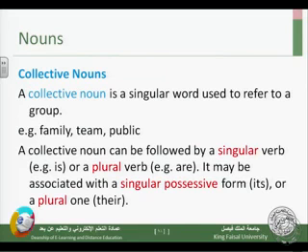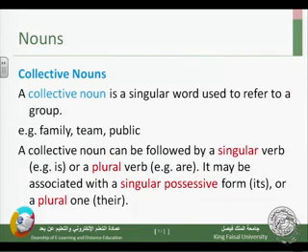Collective nouns. So a collective noun is a singular word used to refer to a group. So a noun in the singular, but it can refer to a group of people or things. So we have some examples here, like family, team, and public. Family can refer to a group.